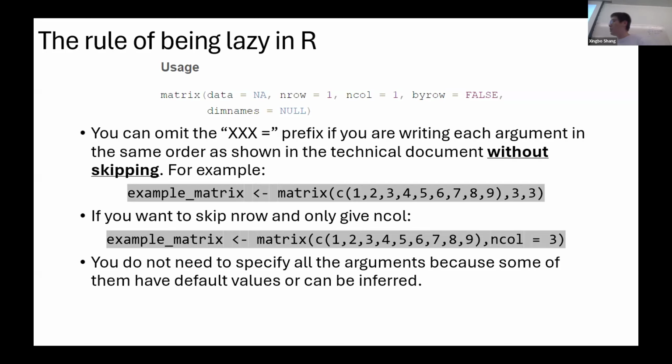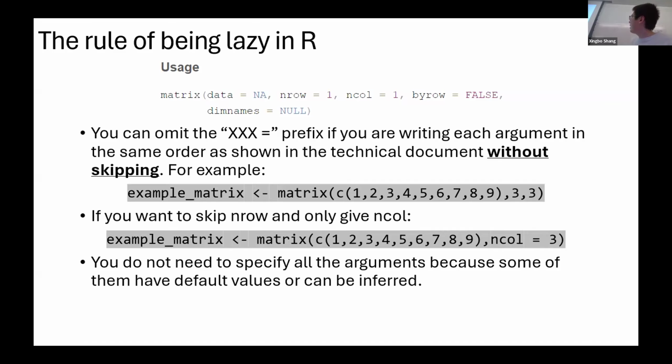But when do you need to give the argument name? Say, for example, remember that nrow can be inferred from ncol, right? In a case where you want to skip nrow, the first one you can still omit because R will assume it is the first one.